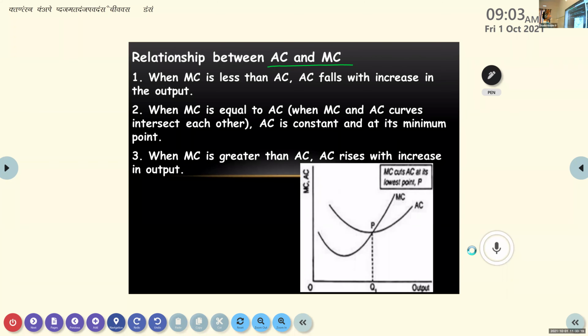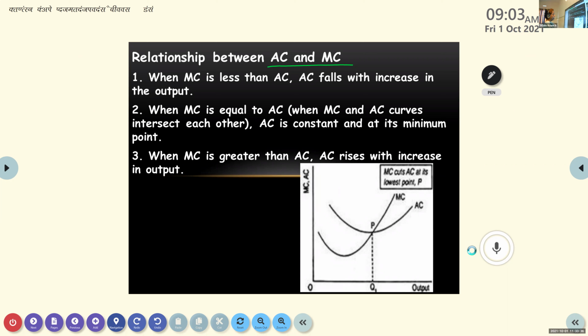Okay, Krishna Gandhi, tell me what are the three kinds of relationship between AC and MC? When MC is less than AC, AC falls with increase in the output.